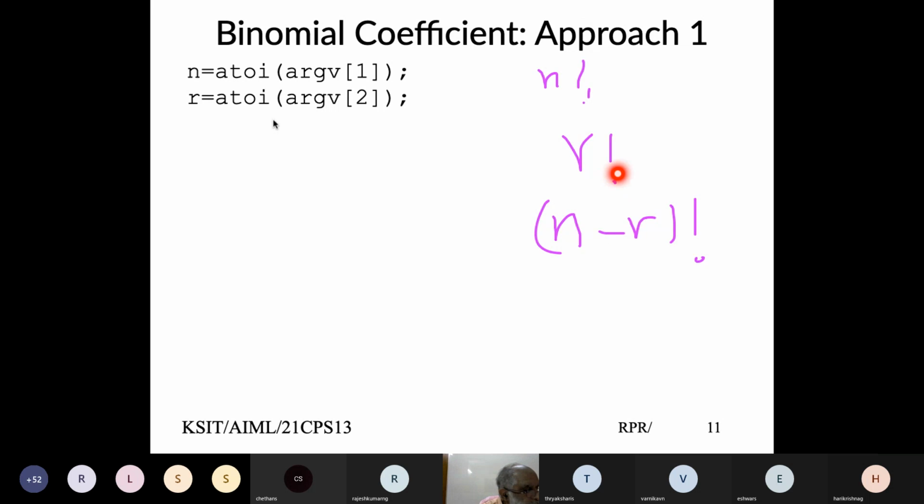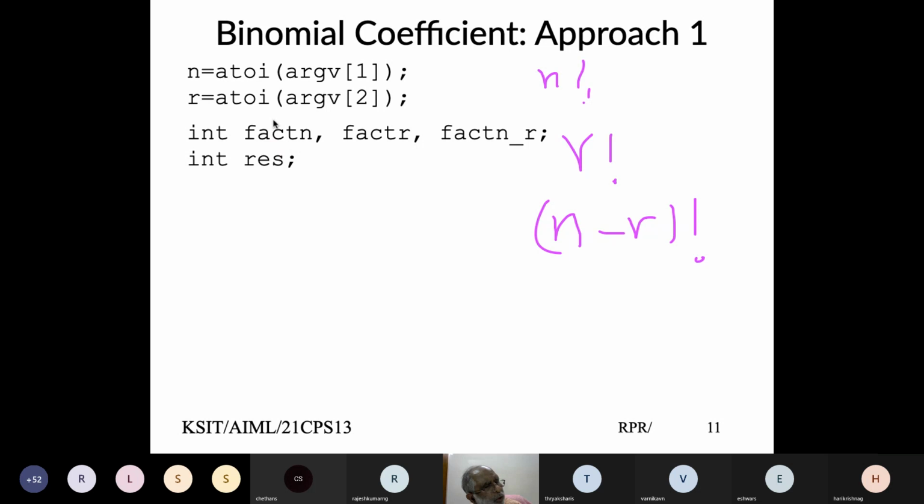In this case, we have to do N minus R multiplications. Since the number of multiplications is known, it is preferred that we use a for loop rather than a while loop. So we define three terms: factorial N, factorial R, factorial NR, and finally the result. Since you are doing binomial, your result would always be an integer and not a fractional decimal, and that's why we declare int result. Ideally speaking, they should be unsigned int and not int.